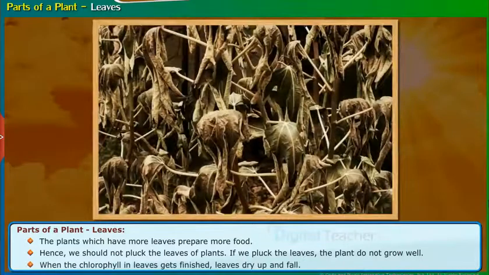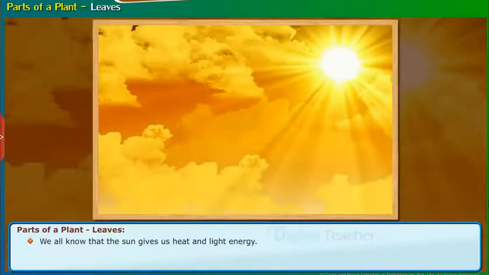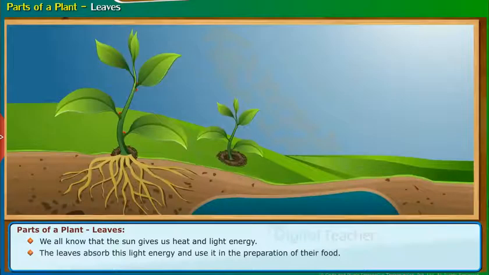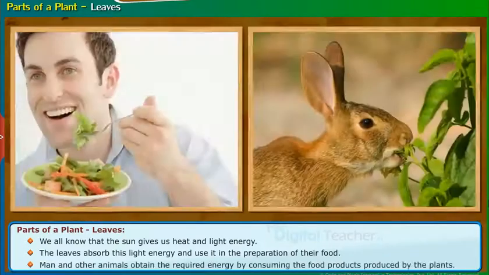When the chlorophyll in leaves gets finished, leaves dry up and fall. We all know that the sun gives us heat and light energy. The leaves absorb this light energy and use it in the preparation of their food. Man and other animals obtain the required energy by consuming the food products produced by the plants.